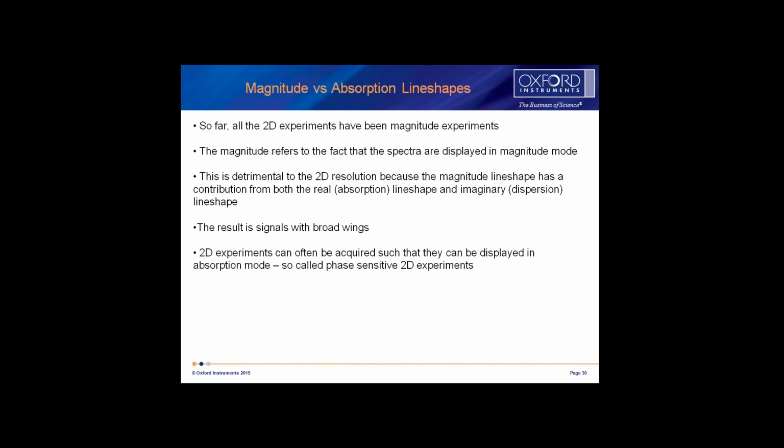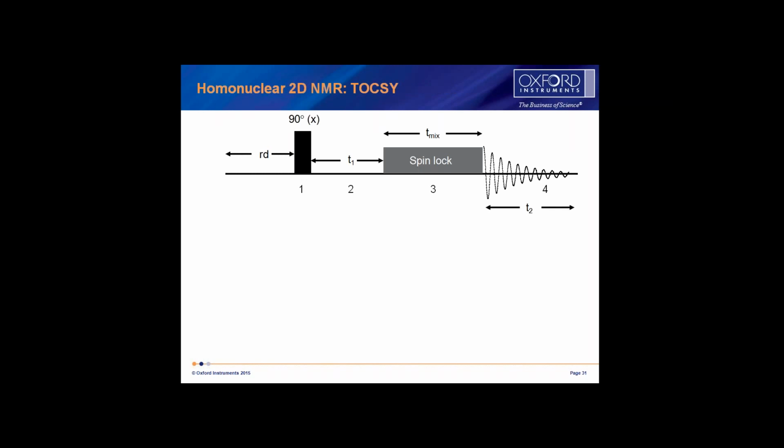2D experiments can often be acquired in such a way that they can be displayed in pure absorption mode. These are so-called phase-sensitive 2D experiments, and they can improve the resolution. An example of that we'll consider today is the total correlation spectroscopy, or TOCSY experiment.